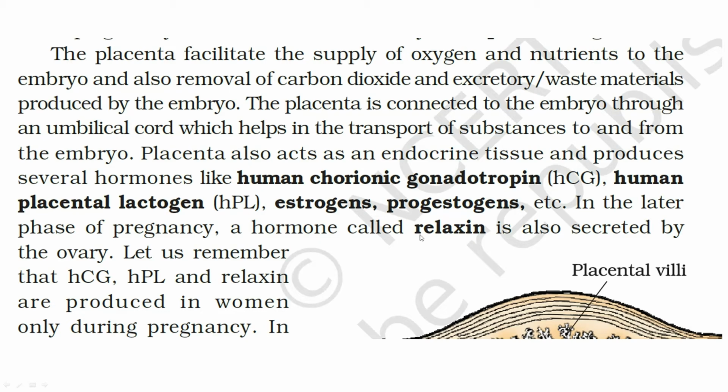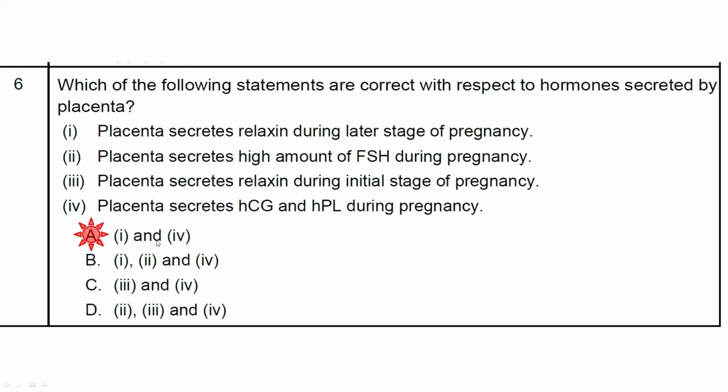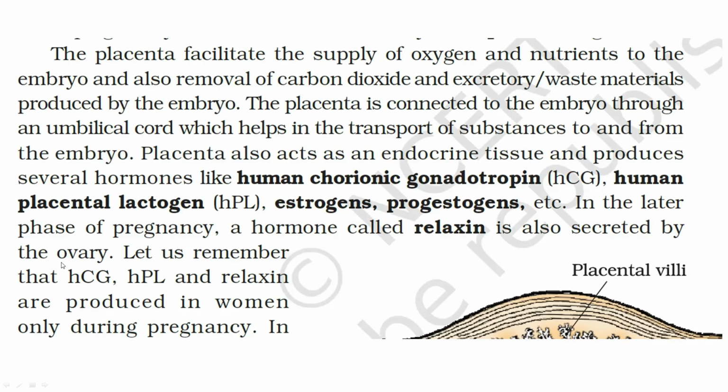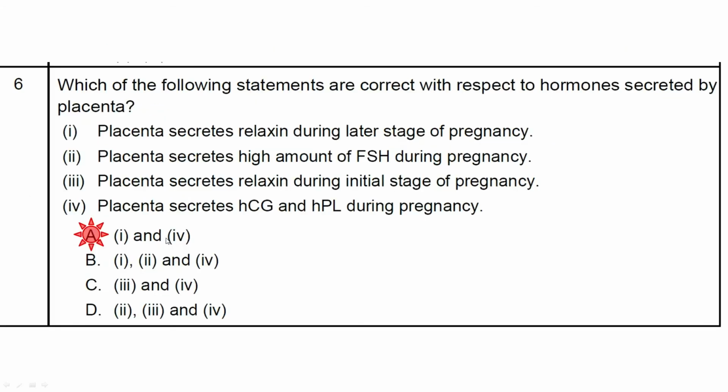Now, regarding relaxin, this particular statement says that in the later phase of pregnancy, a hormone called relaxin is also secreted by the ovary. Here, the textbook says the relaxin hormone is secreted by the ovary in the later phase of pregnancy. But the question is about the function of placenta. In the textbook, it says the ovary secretes relaxin during the later phase of pregnancy, not the placenta. Now, this created confusion.